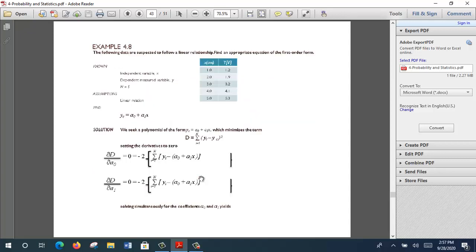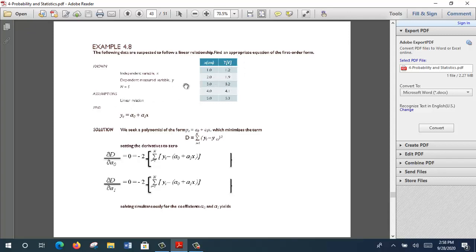This is the example that we can refer to together. The following data are suspected to follow a linear relationship. Find the appropriate equation of the first order form. You have your value of x, which is your input, and y, your dependent measured variable.